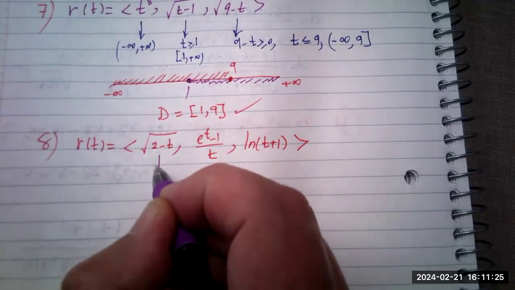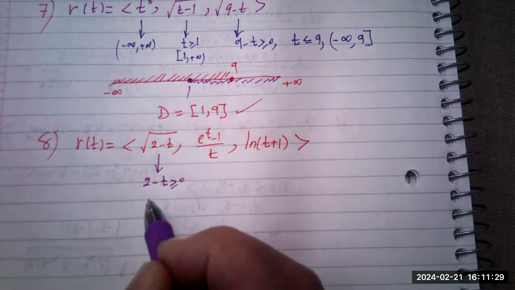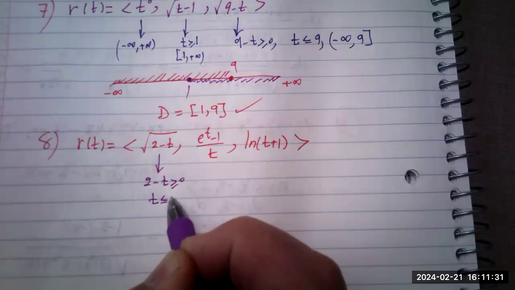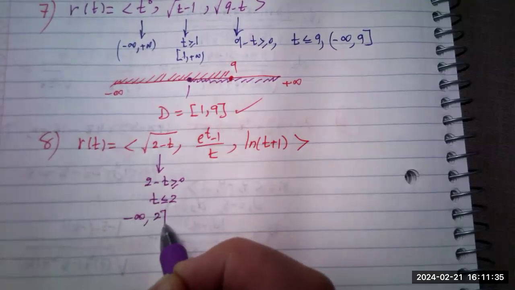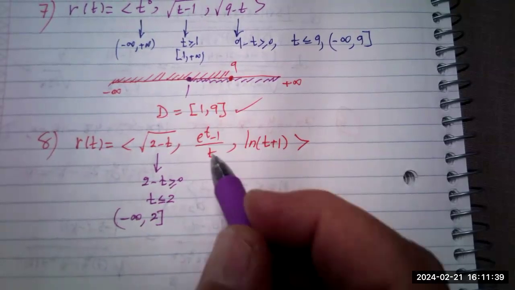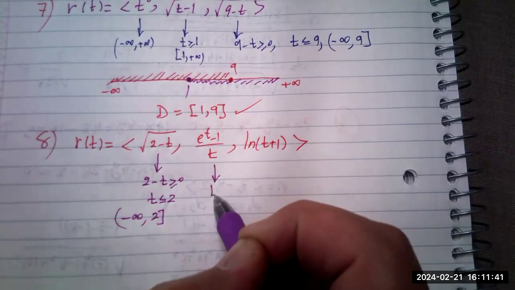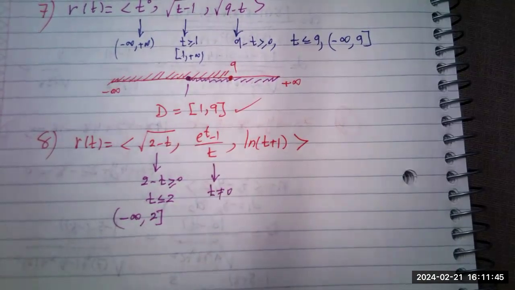So the restriction is 2 minus t greater than or equal to 0. That gives you t less than or equal to 2, so it's negative infinity to 2. That's the first one. Second one, only t not equal to 0. That's easy.